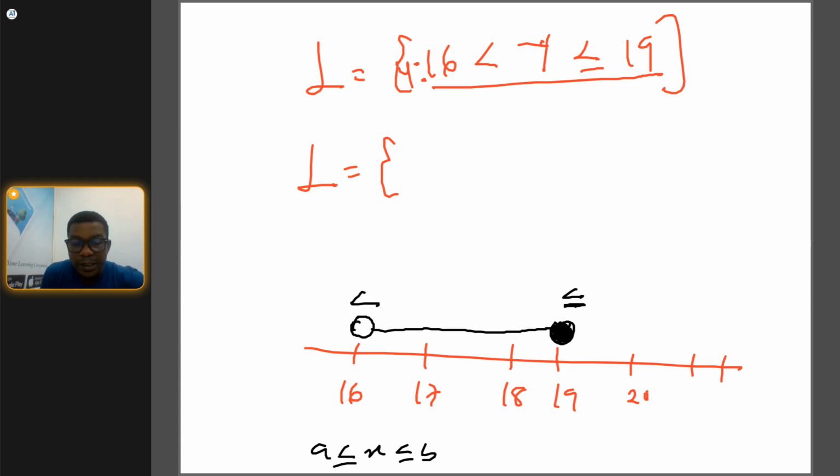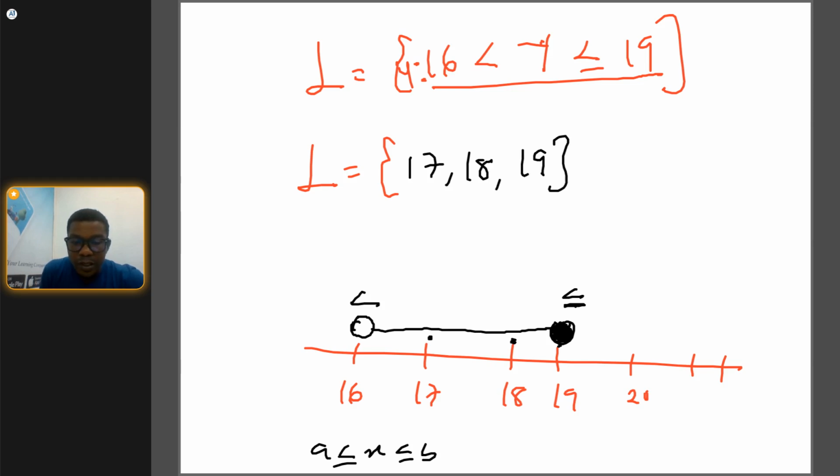So if I do not shade 16, I'm not going to include 16. So I'm going to start from 17, 18, 19. I'm writing 19 because it is less than or equals to 19. So the elements here will be 17, 18, and also what? 19.